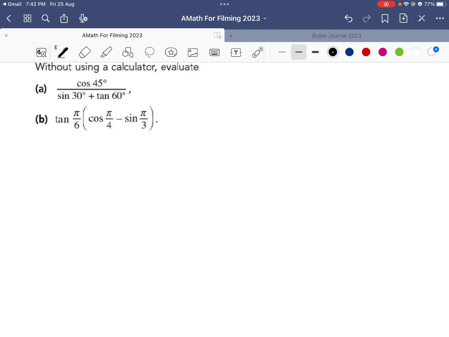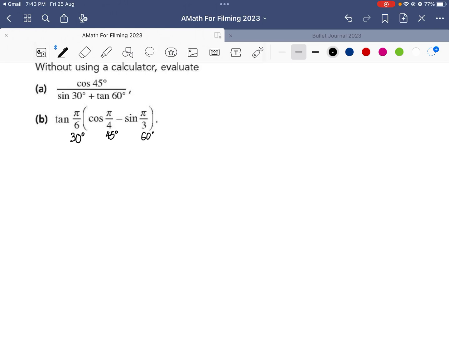If you cannot see this in your brain, remember pi is 180 degrees. So what they're asking for here, tangent pi over 6, is tangent of 30 degrees, cosine of 45 degrees, since 180 divided by 4 is 45 degrees, and 180 divided by 3 is sine of 60 degrees.